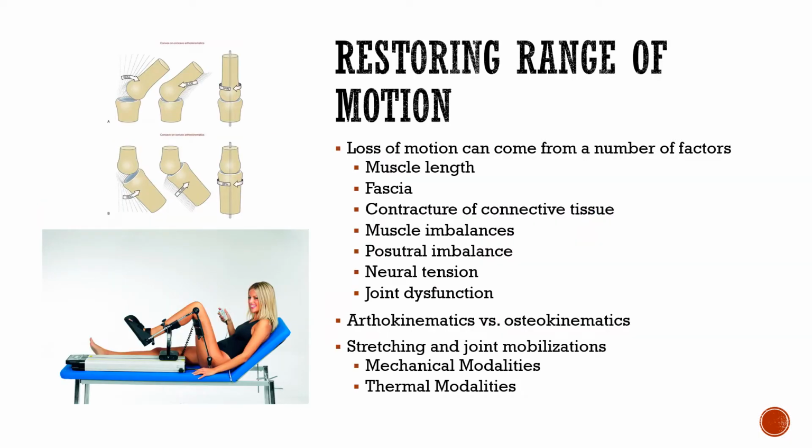Another goal that's common there is restoring range of motion. And when we get into this idea, loss of range of motion can come from a number of different factors. And from that, we have to decide what is actually causing that. If it's a muscle length issue, like the actual change in the muscle length, this is much more chronic than a neural tension or a contracture, this is connective tissue, but you can also have an increase in muscular tone.